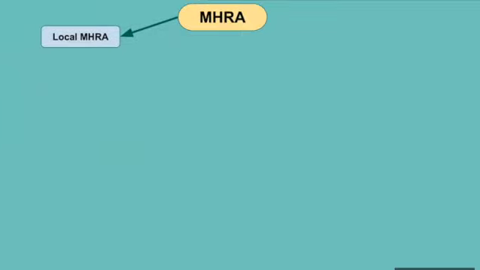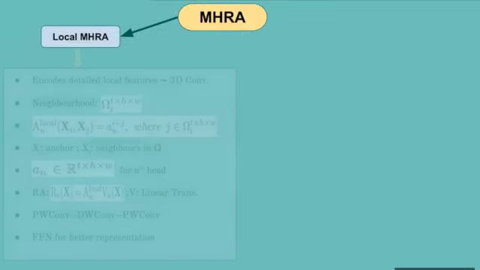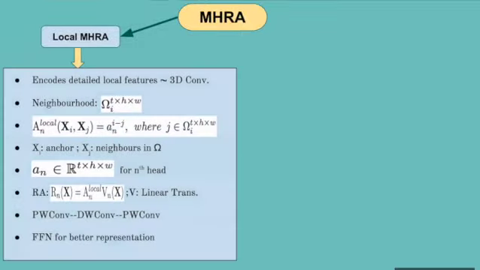So we have MHRA. It has a local segment, which is local multi-head relation aggregator. Between batches of frames, it takes care of the relations between different tokens. Here they take a detailed feature through 3D convolution.